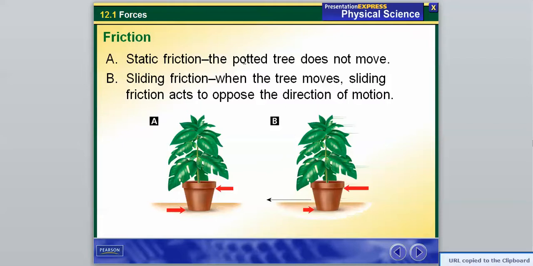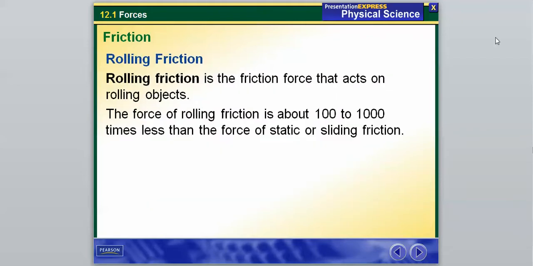That potted plant's going to move much more, and quickly, and that's what it means when it says the force is about 100 to 1,000 times less. Your little brother could just give it a little push, and that potted plant could go flying across the room and smash into the wall, whereas if he gave that same push with just sliding friction present, no real damage could be done.